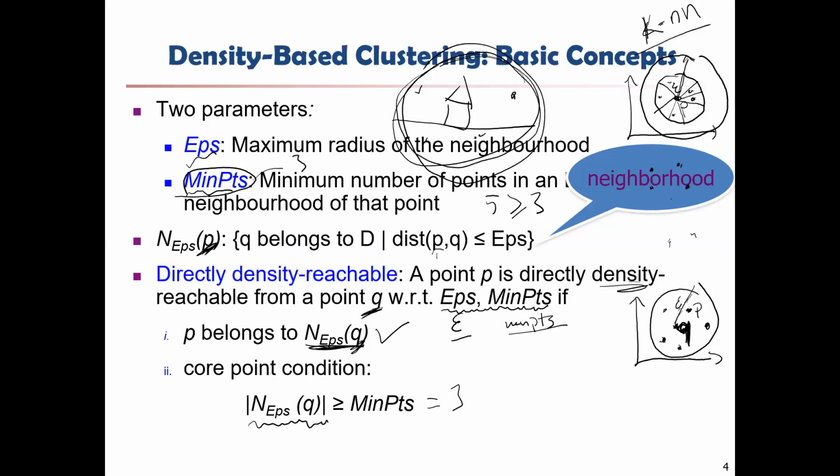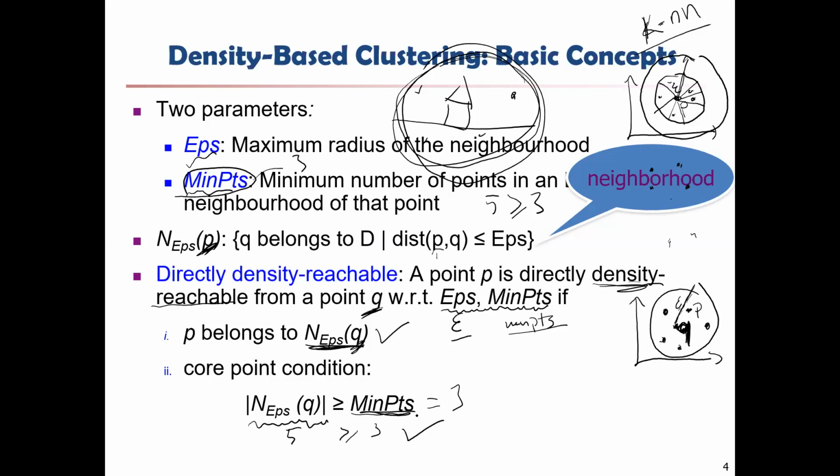Looks like in this case, I have 5 points. It is already satisfying this condition because the size is 5 and the minimum number of points is 3. Looks like this is also okay for this guy. So you see what happened? What we discovered is that P is directly density reachable from Q with respect to what? With respect to epsilon and minimum number of points.